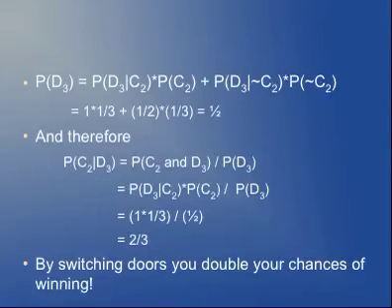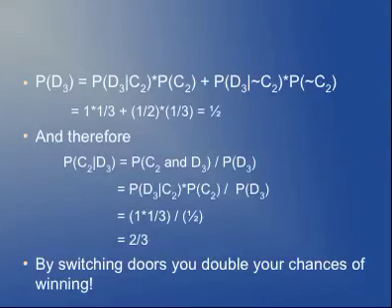So the probability that the host opens the third door given that the car is behind the second door is 1, because the host won't open the door that you chose, i.e. door 1. He also won't open the door that the car is behind. In that case, he has to open door 3, times the probability that the car is behind door 2 in the first place, which is 1 out of 3.